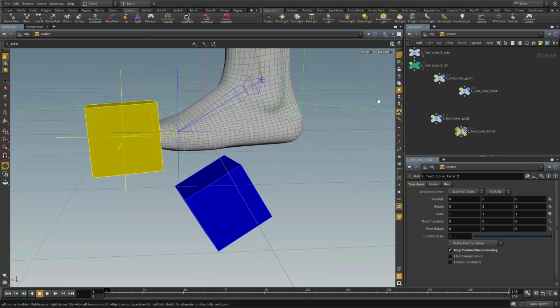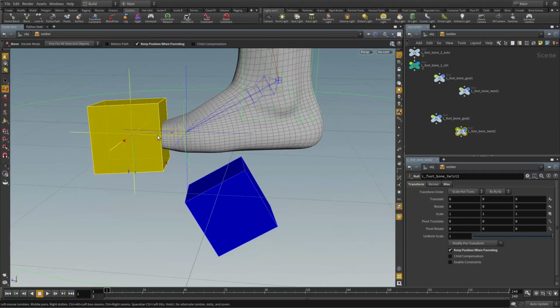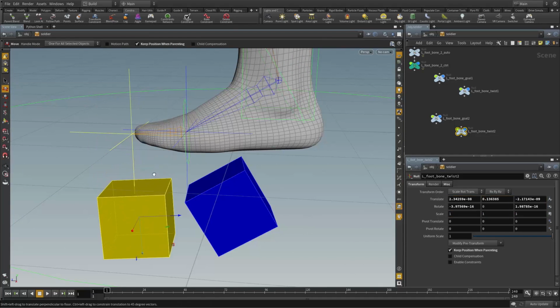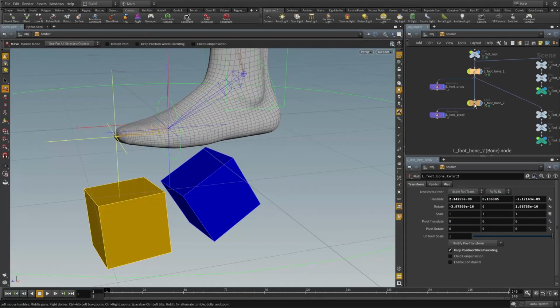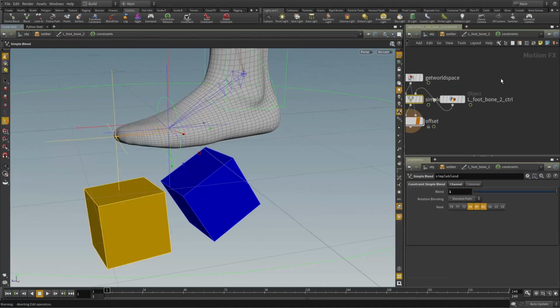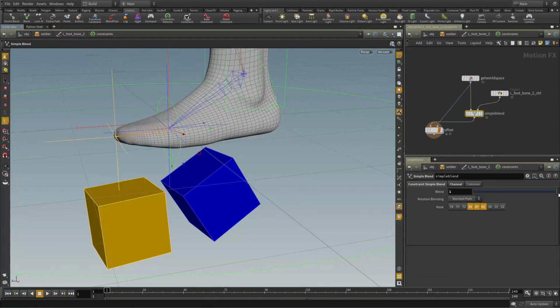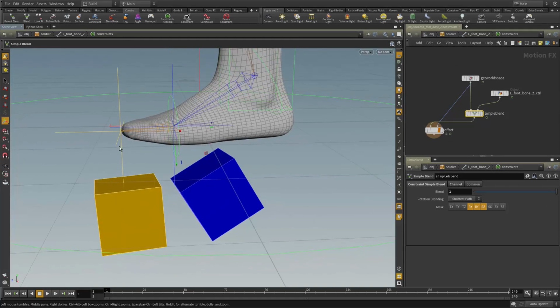And again, we want to move this in a direction. And I'm pretty sure that down is the right one for this guy. So we can move it down and then go to that constraint and blend it off and see what happens. Yep, so that was right. So in both cases, we want this twist to be below the bone.